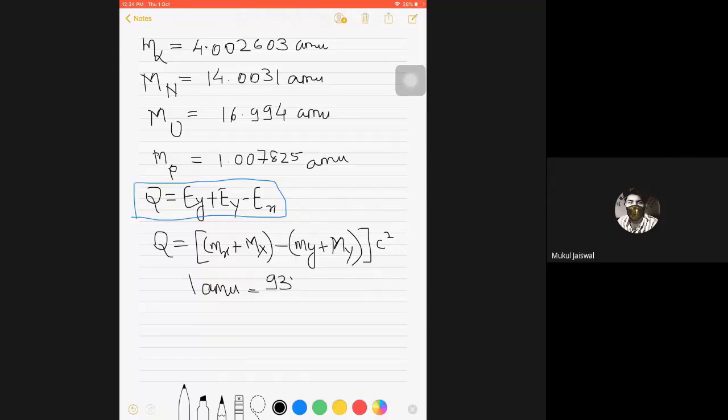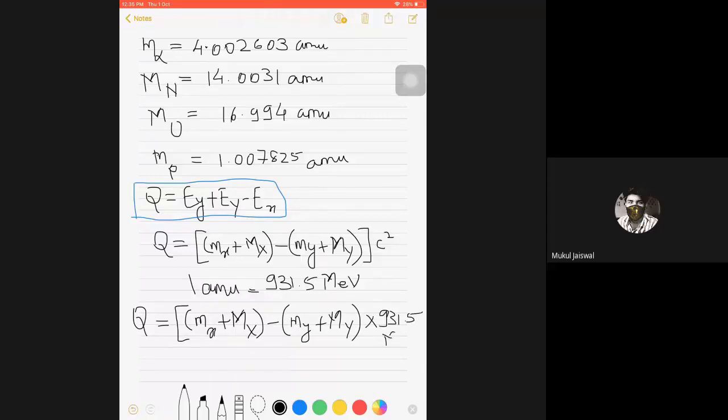So the Q value of the equation comes out to be (mx plus capital Mx minus my plus capital My) into 931.5 MeV, because we have converted here.